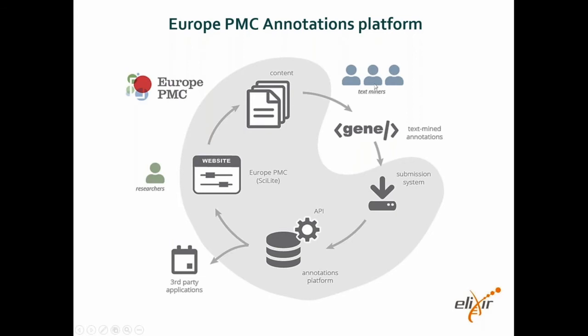Mainly, the infrastructure supports text mining data or curated data from any source to be included via a submission system. So if a particular text mining group is interested in sharing their data, they have to contact Europe PMC, and they'll be given an account where they can submit their data.